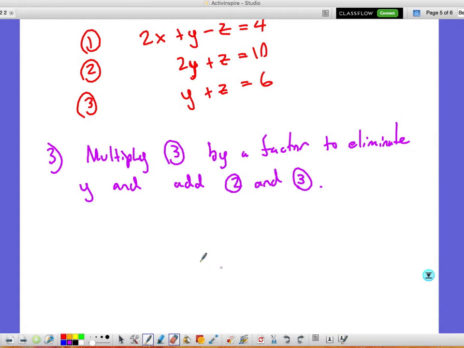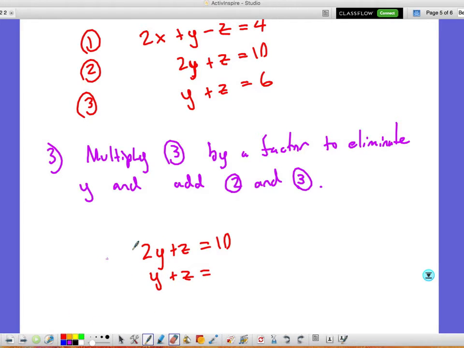Okay, so let's write equation 2 and 3. So we have 2y plus z is equal to 10, and then we have y plus z is equal to 6. Now when focusing on just the y's, if I add these together, 2y plus y gives me 3y. Is that what I'm looking for? No, I'm looking to get 0.